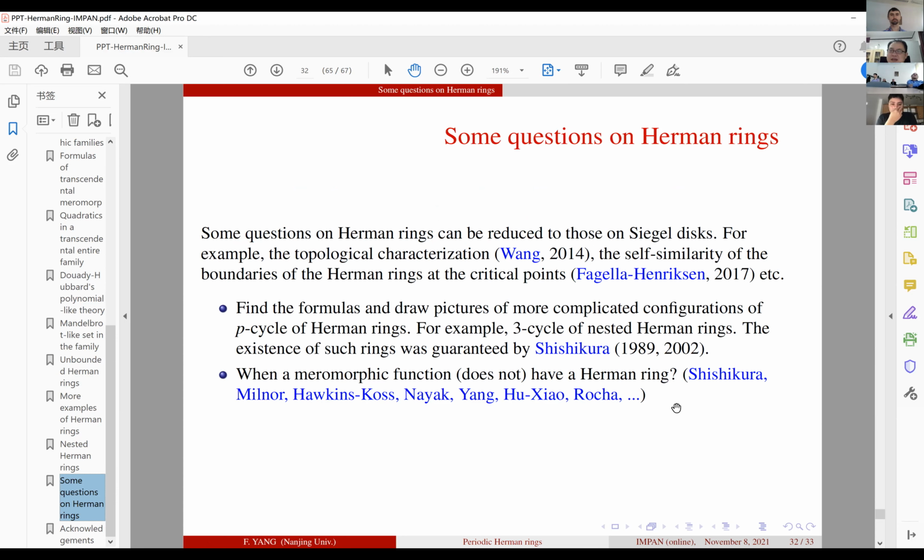Sometimes the period of Herman rings depends on the distribution of the poles, I think, but I don't have an explicit description. Okay. Thank you.